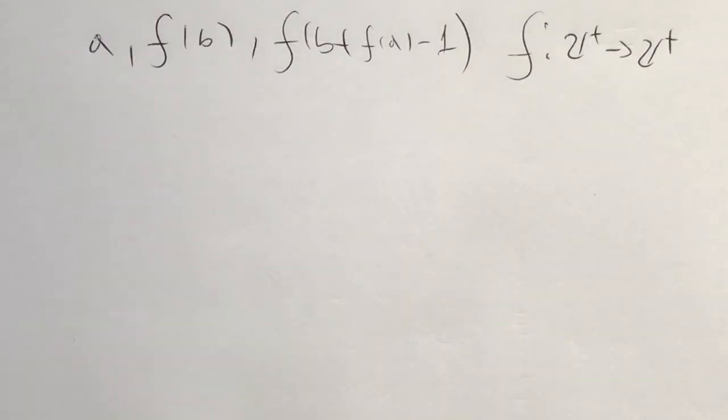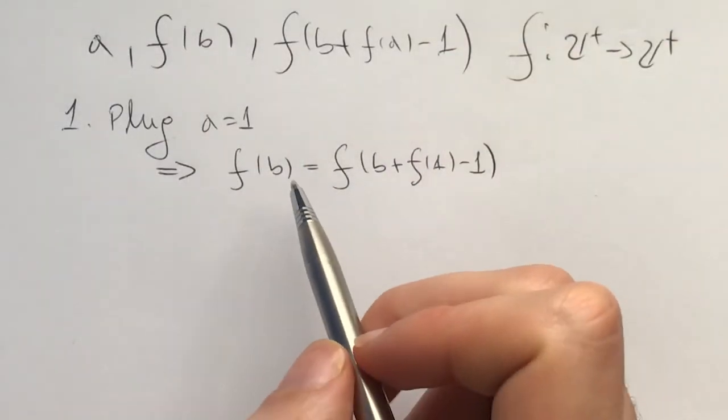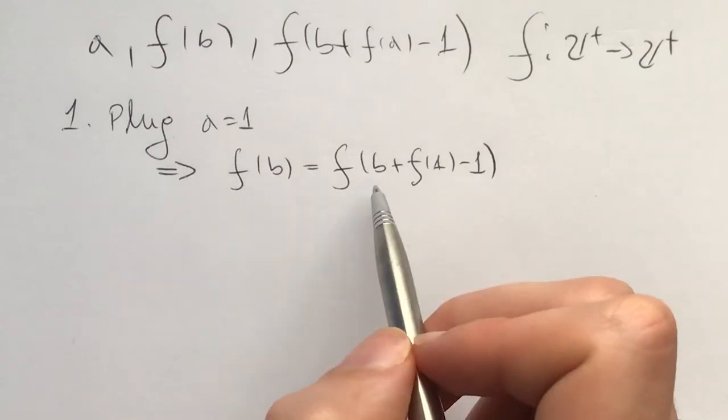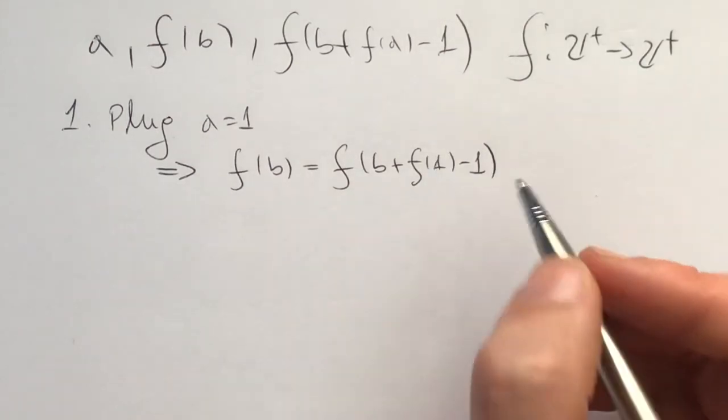So we had this function, and then what we did is plug a equals 1, which implies f of b is f of b plus f of 1 minus 1.